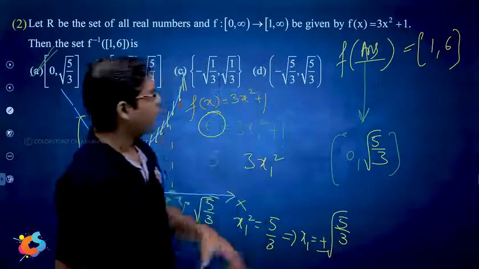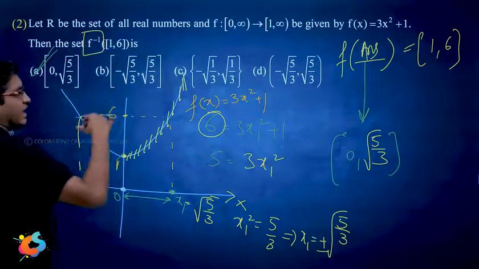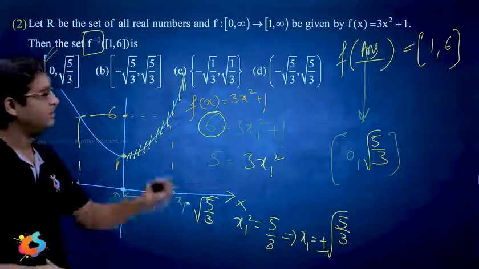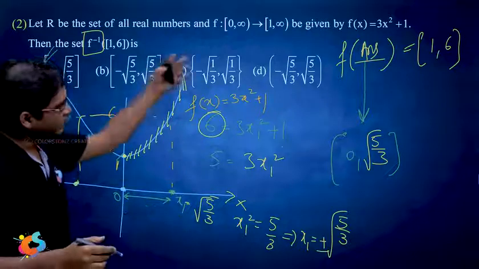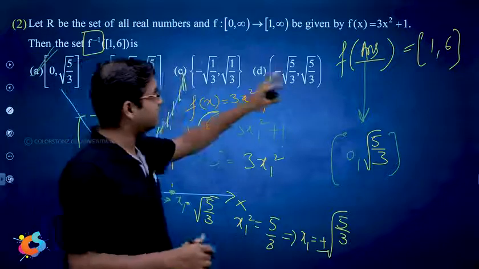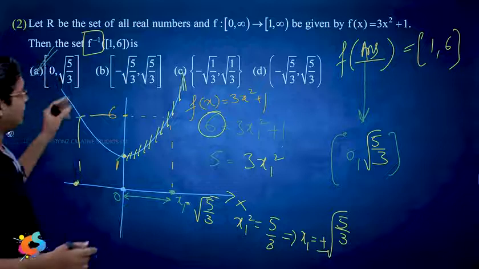Simple, right? We don't want to find F inverse here. Again, finding F inverse, even that way also you can do. There is nothing wrong in that. Here in this problem, both will take more or less the same time. You can find F inverse and then give the input values from 1 to 6 and find out the output values. Okay.